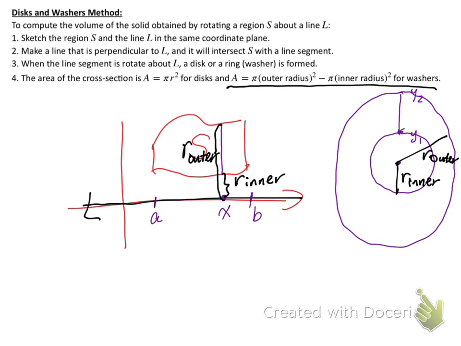If what you're rotating is part of the line segment, let me draw another one. So instead of having that situation, say I'm having, let's just make it easy, something like this. I'm still rotating around my x-axis. So when I draw my vertical line, it will be this way.